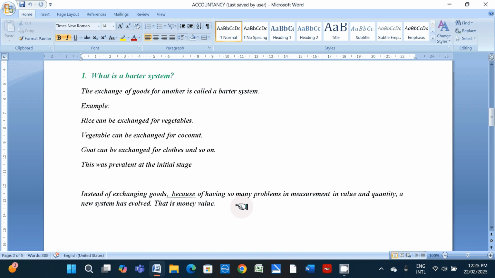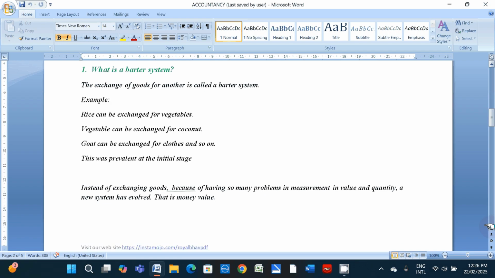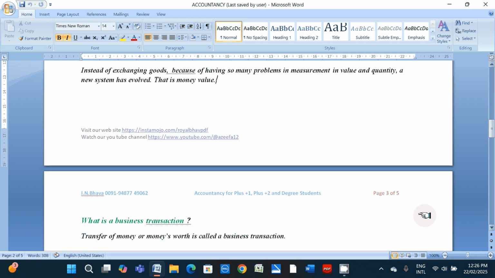Everything was measured in money value. Then with this money, they can buy anything they want. Afterwards only the business has started. Barter system is also a business. Again, the advanced business level is after using the money.